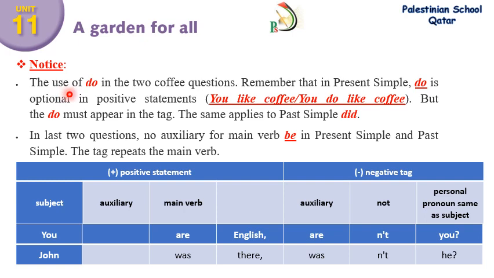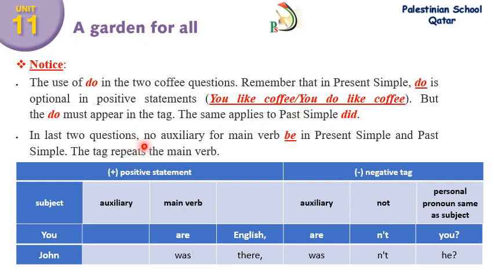The use of do in the two coffee questions. Remember that in the present simple, do is optional in positive statements. You like coffee? You do like coffee. But the do must appear in the tag, must appear here and here. The same applies to past simple did.